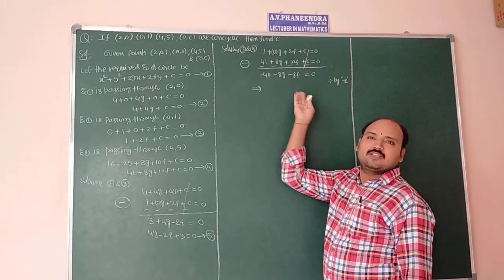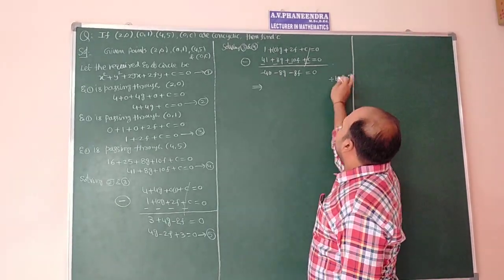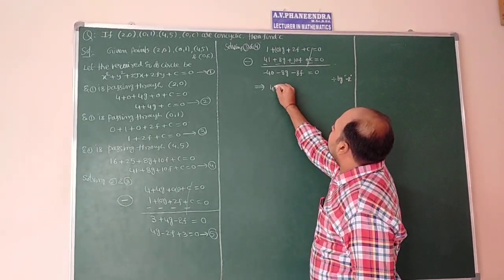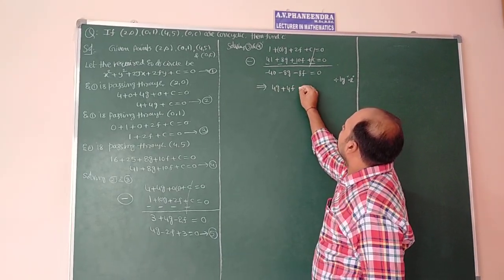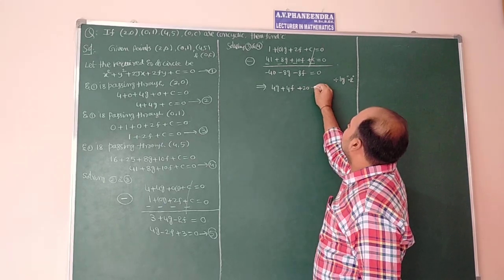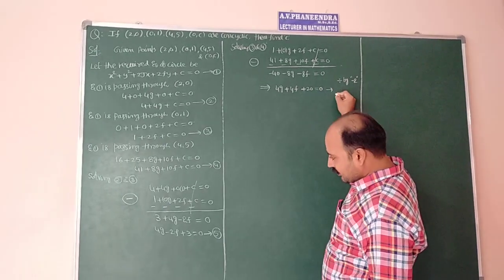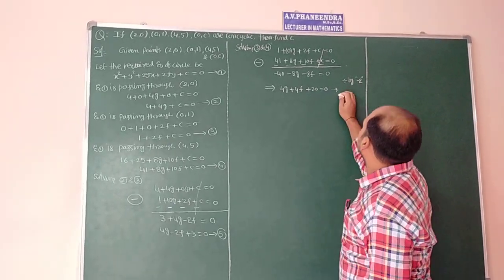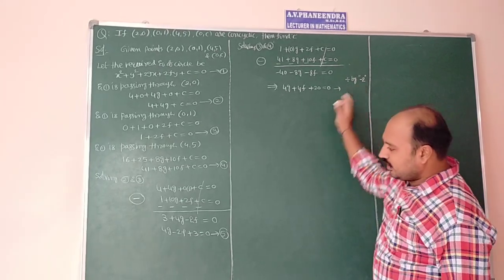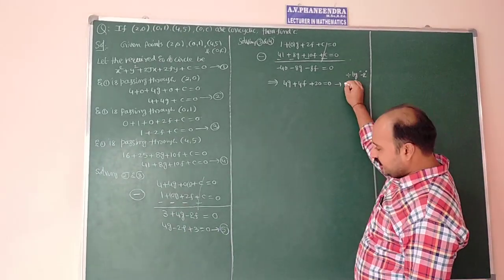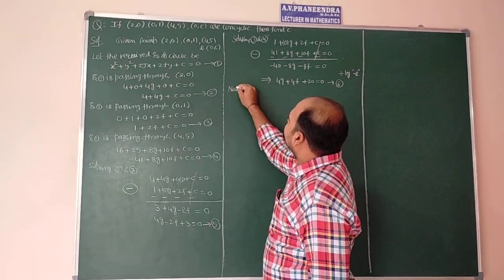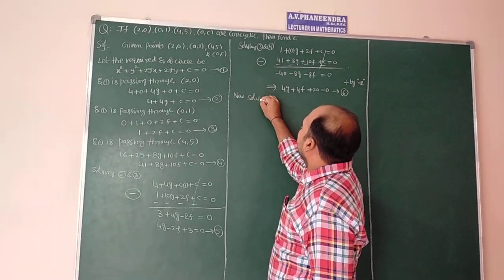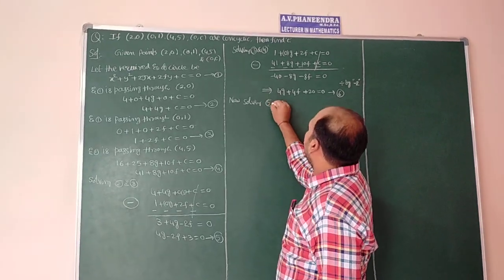Otherwise you can divide with minus 8 also. Dividing by minus 2, it becomes plus 4g plus 4f plus 20 equal to 0. We put that equation number 6. Now solving 5 and 6.